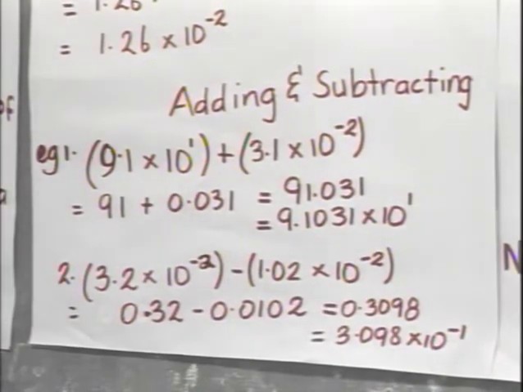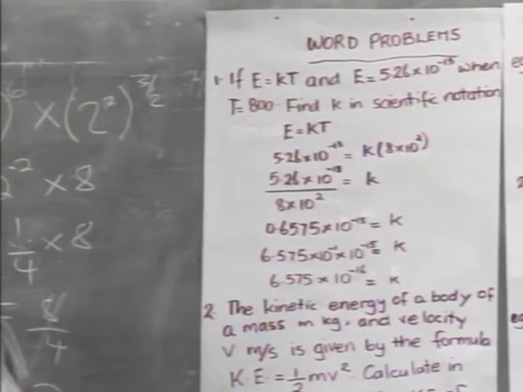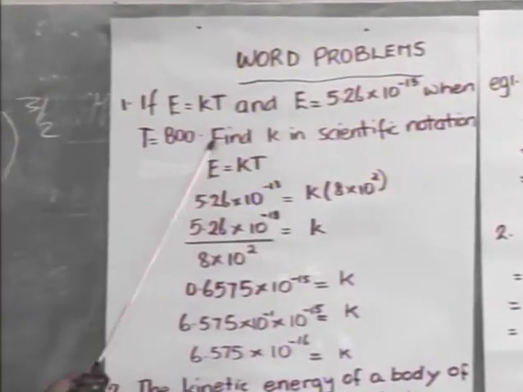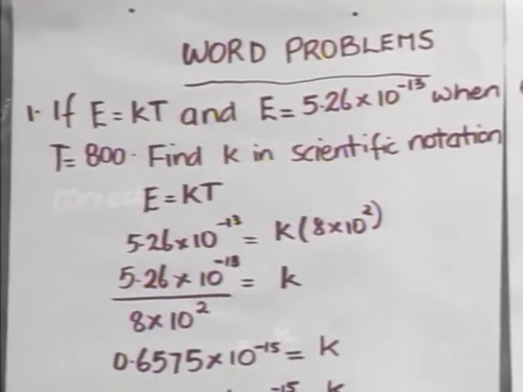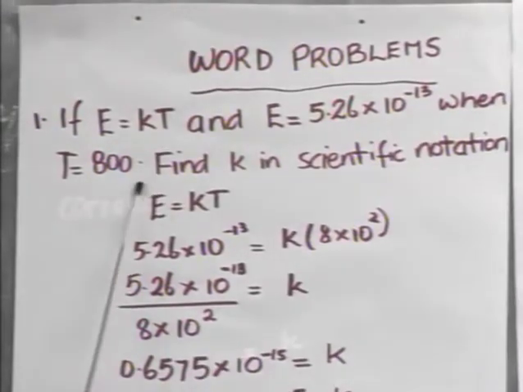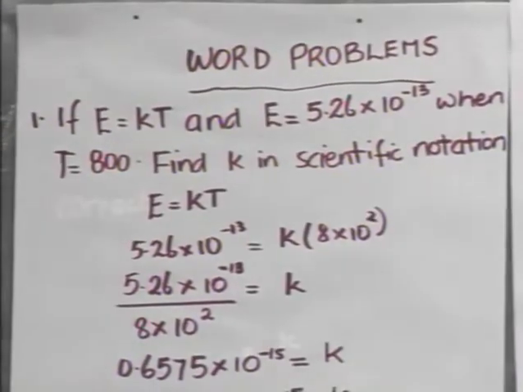All right, next. Some word problems that you can answer using scientific notation. The first one, if E is equal to KT, and E is equal to 5.26 times 10 to the power of negative 13 when T is 800. Find K in scientific notation.